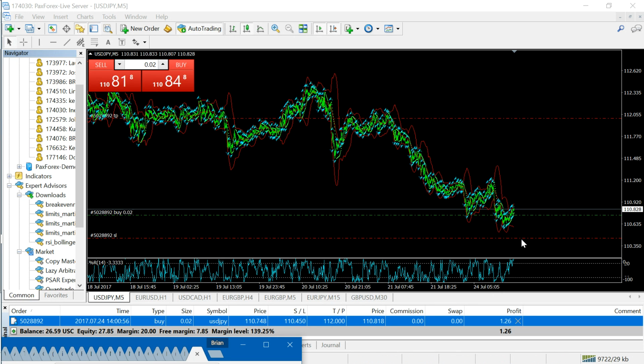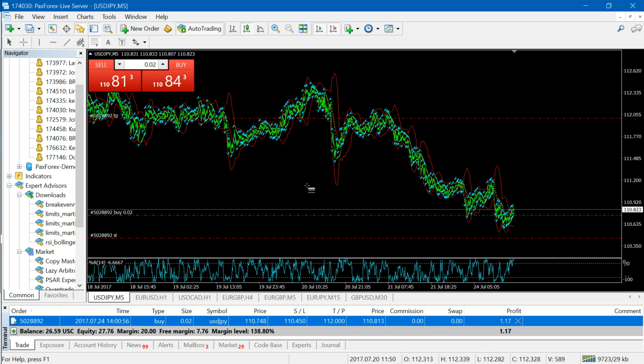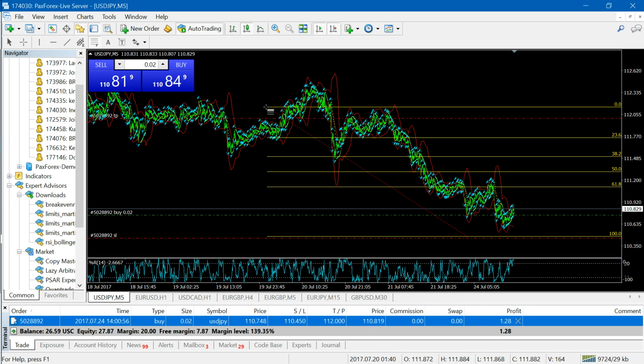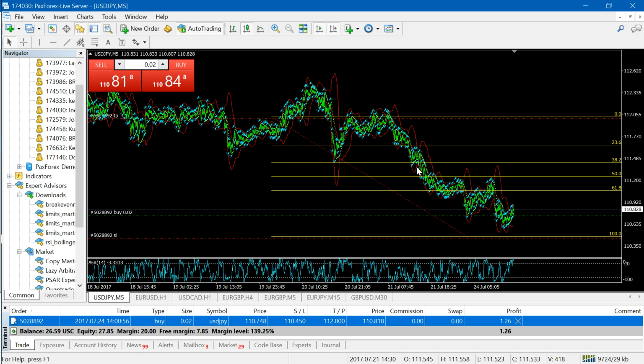Now, we have a trade that we're in right now, and I'm going to show you how easily it is to double an account. First thing I want to do is take some Fibonacci retracement, and I'm going to do this a little bit different. I'm going to start from where my stop loss is and pull back to our take profit area.